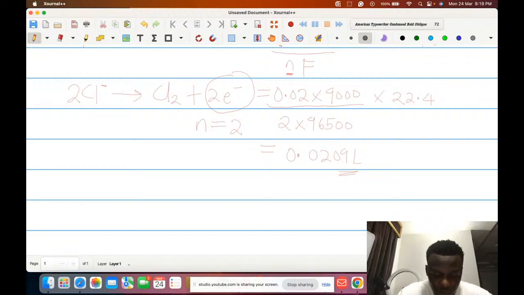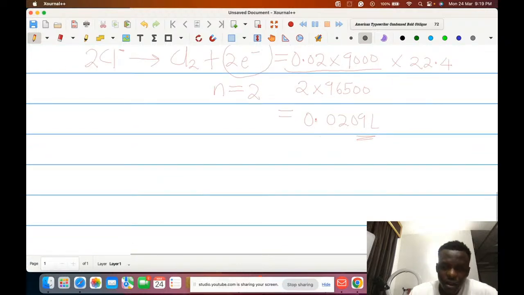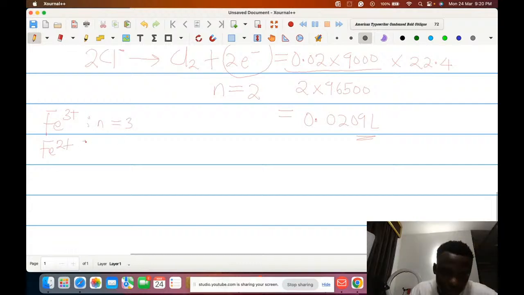So with this now, we have dealt with everything concerning electrolysis. But let me tell us something. For metals, the possible metals that you can see and their various number of moles: Fe3 plus, the N here is 3. Fe2 plus, the N here is 2. Magnesium, N here is 2.